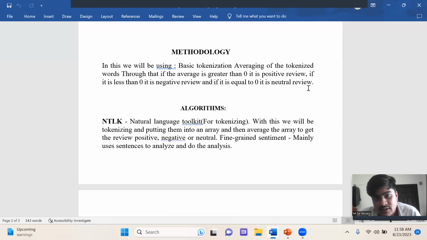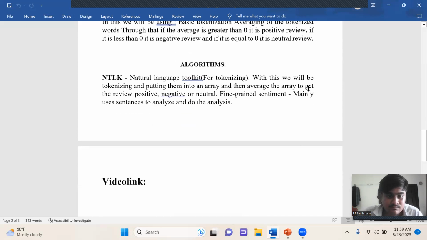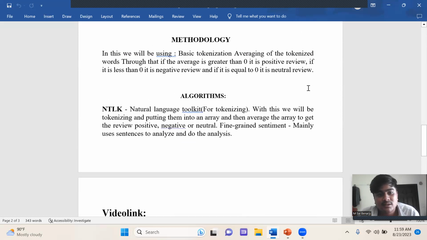These are the methodology, where we are using token votes, and we will be choosing whether it is a positive, negative, or neutral view. The algorithm we use is NLTK, the Natural Language Toolkit, for tokenizing. With this, we will be tokenizing and putting the tokens into an array, and then averaging the array to get the review as positive, negative, or neutral.